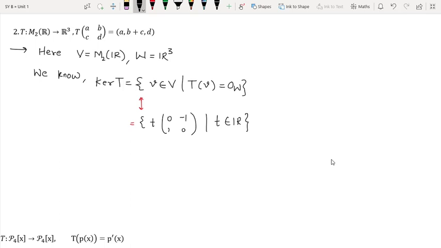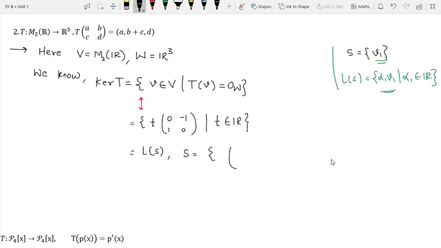Again you can see that this is containing only one term. I hope you are getting my point. It is of the type alpha 1 v1 such that alpha 1 belongs to R. So therefore our S is going to contain only one vector. So this is equal to the linear span of S, where S is equal to (0, -1; 1, 0), and our left hand side is the kernel of T. I will call it sum 1.